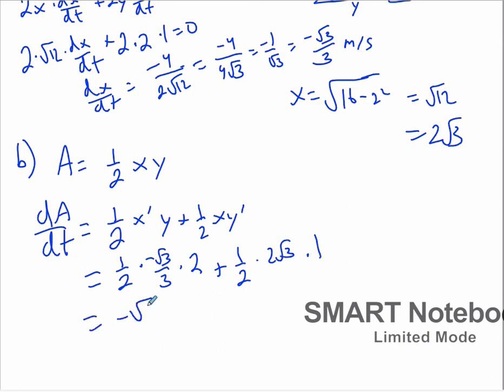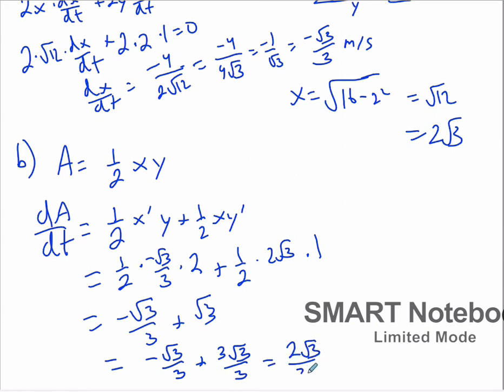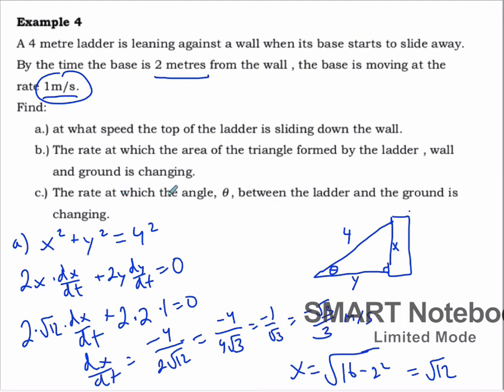So we'll have negative root 3 over 3 plus root 3, which equals negative root 3 over 3 plus 3 root 3 over 3, which is 2 root 3 over 3. And this is area, so is it centimeters? It's probably meters, right? Meters squared per second.